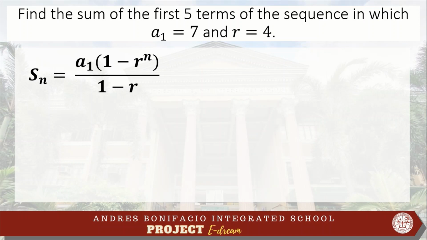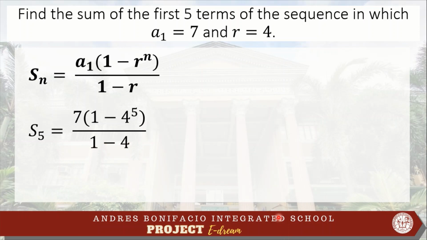Next thing to do is we substitute the values of a sub 1, r, and n. We have here S sub n. Since we are looking for the sum of the first 5 terms, the first term is 7 times the quantity 1 minus the common ratio 4 raised to n, so we have 4 raised to 5 all over 1 minus 4.